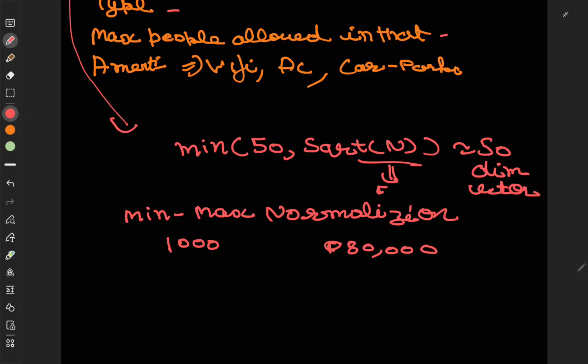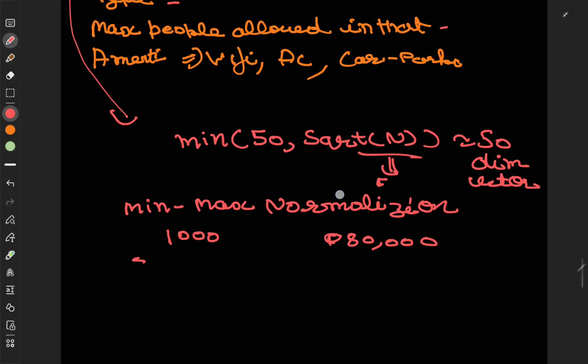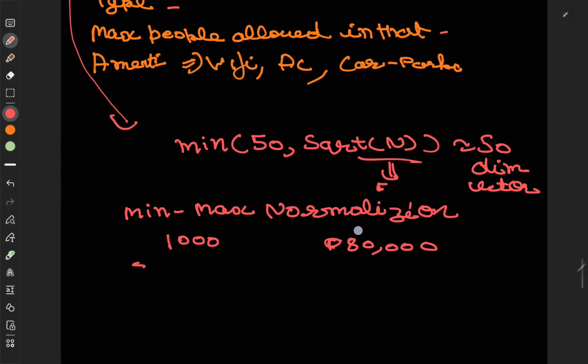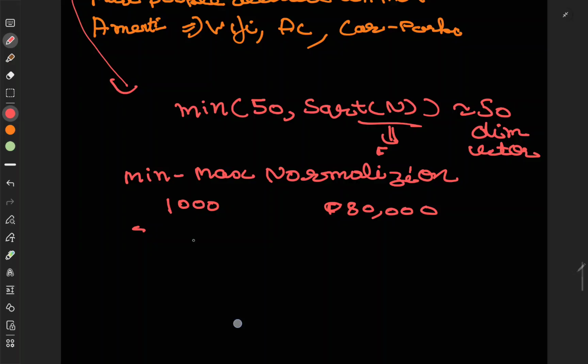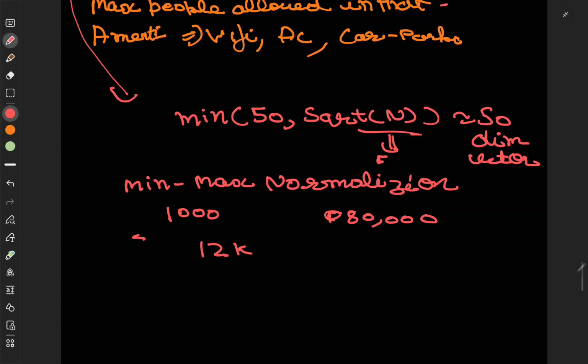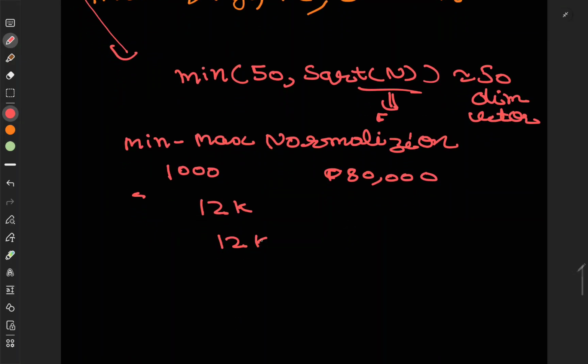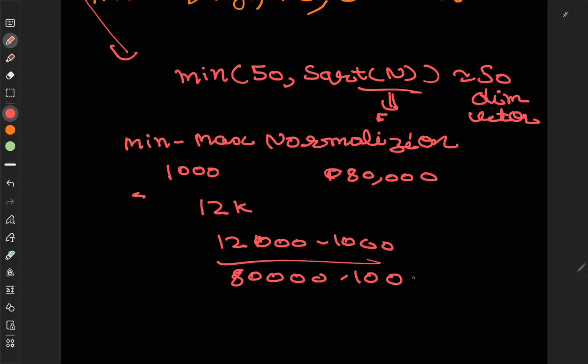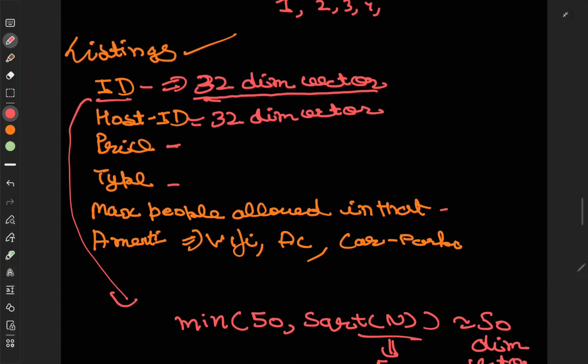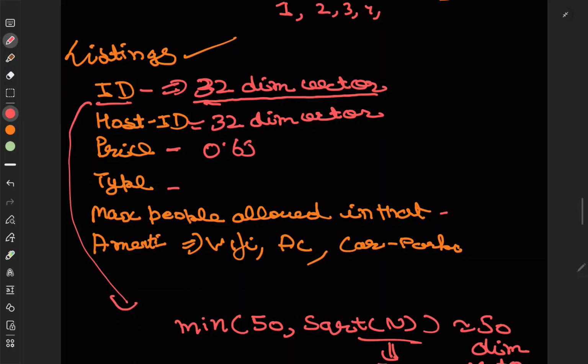So you can min-max normalize, and let's say our current listing has a price of 12k. So we compute 12,000 minus 1,000 divided by 80,000 minus 1,000, and we put whatever quantity comes. Let's say it comes out to be 0.65. So this price comes to be 0.65, a single dim, one dim.